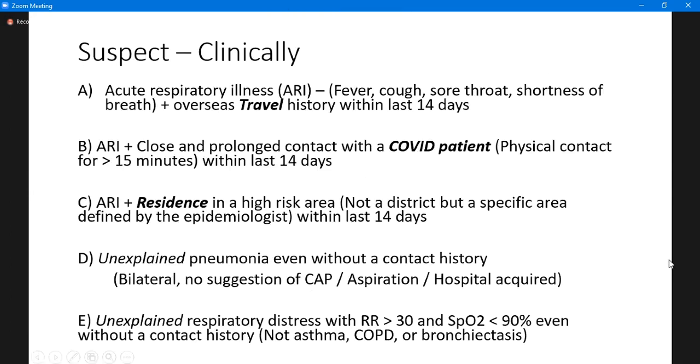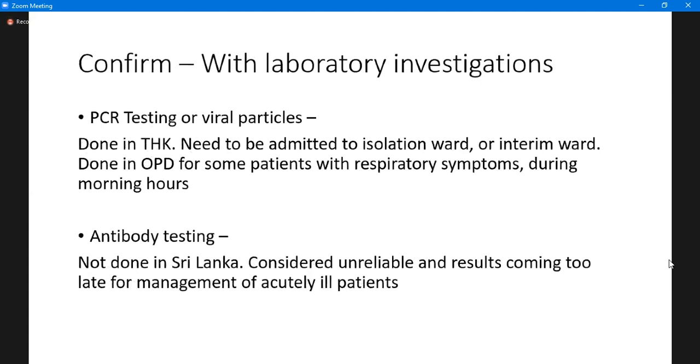Thank you. And then once you suspect in Sri Lanka on clinical grounds these 5, the patient will undergo laboratory testing to confirm COVID infection. We are very fortunate in Karapitiya. We have probably one of the leading COVID-19 testing laboratories in Sri Lanka.